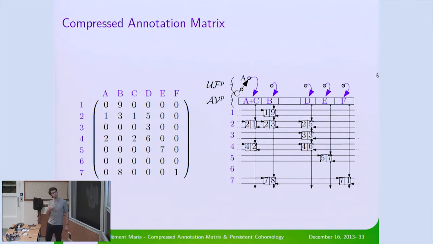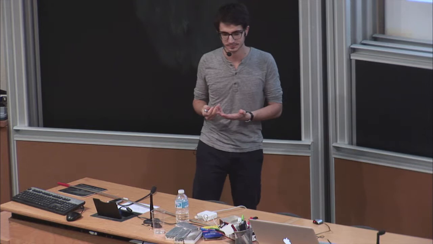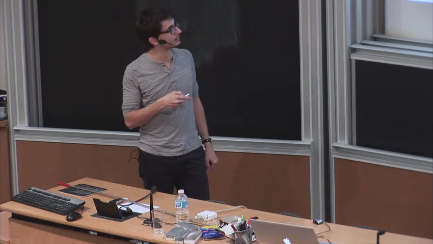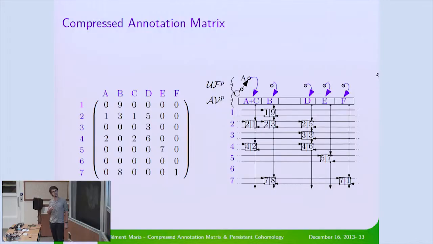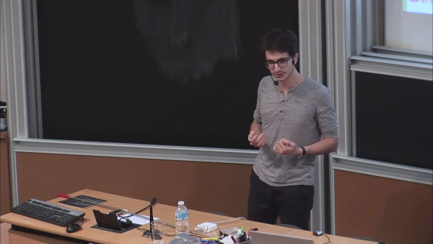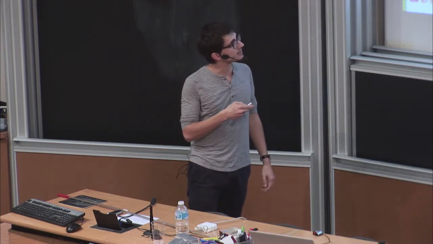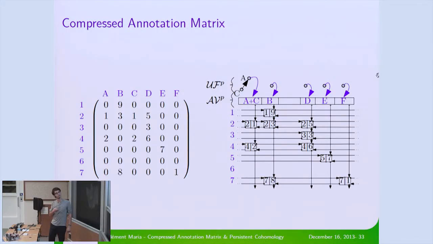And you also have transversal pointers to be able to traverse a row of a given index. So if you want the values of your cocycle number 2, then you can find them in the row. And we also have a compression phase where we store only once columns that are identical. It's the case of A and C here. A and C are identical, so we store the column only once.